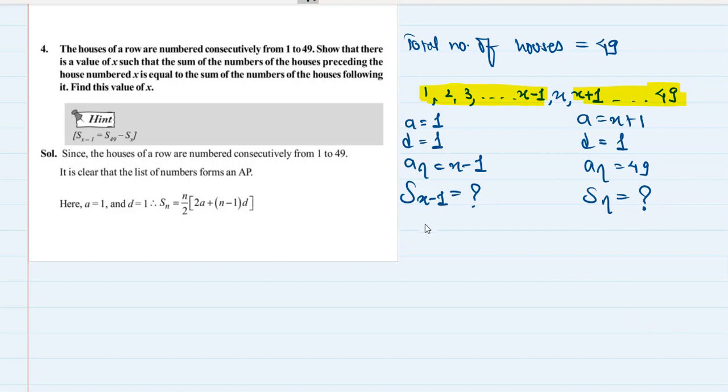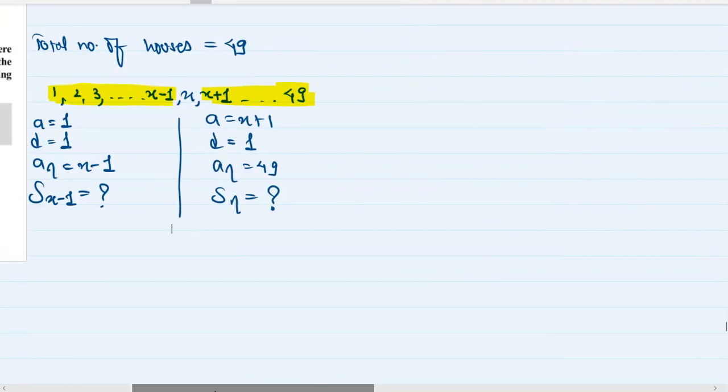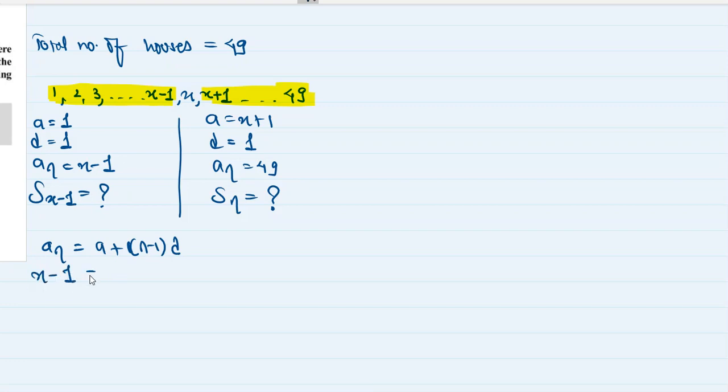Okay, so let's first find what we need to. Let's make some space. The first thing is nth term. Now the nth term formula is a plus n minus 1 into d. What is the nth term? x minus 1. What is a? 1. What is n minus 1?